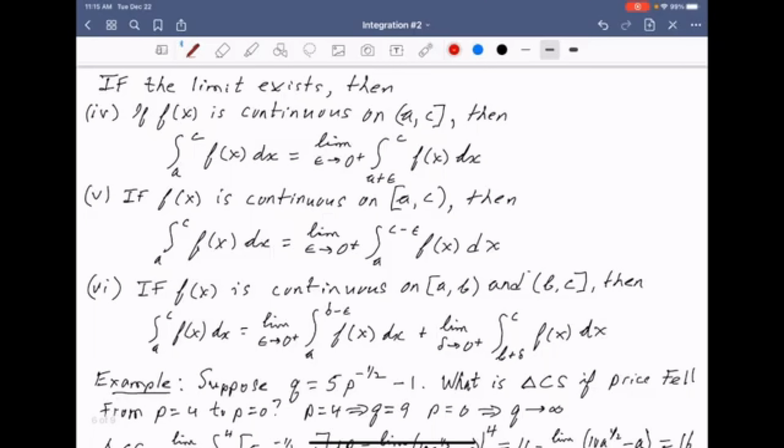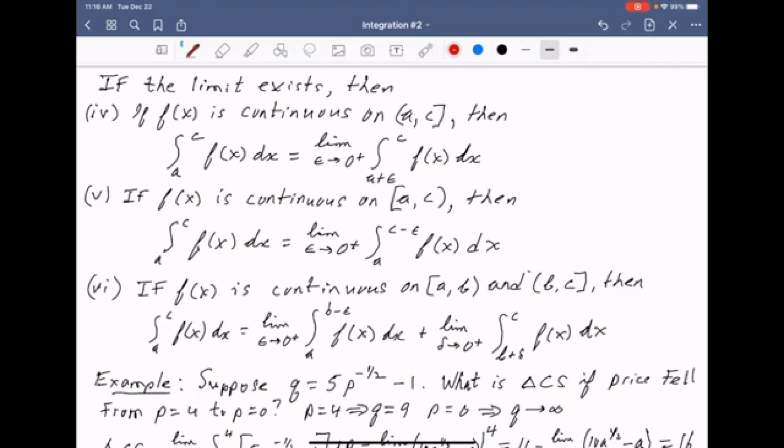Now, if the limit exists, then the fourth property is that if f of x is continuous on the half open interval, so it's open on the side a and closed on the side c, then the integral from a to c of f of x dx is given by the limit as a small epsilon approaches 0 from the positive direction. So then we have the integral going from a plus epsilon to c, and this epsilon is approaching 0, and it's an integral over the function f of x.